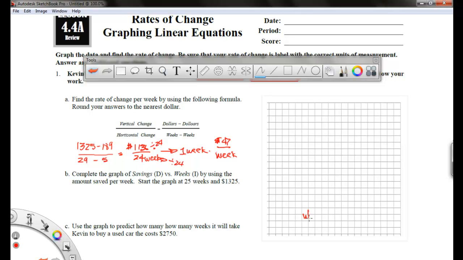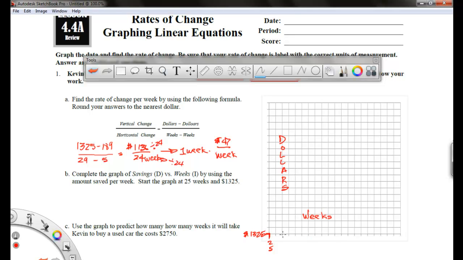We want this one to be weeks, and the vertical one here to be dollars. We're ready to go. Now one thing that we have to find out here is how we want to count. We're starting here at 25 weeks, and we're starting here at $1,325.